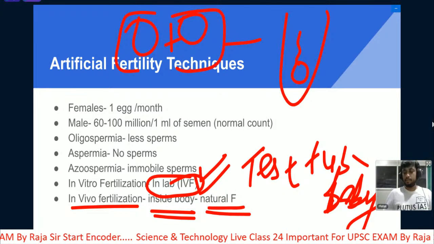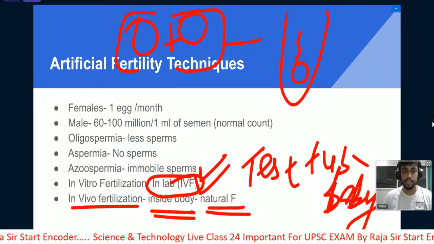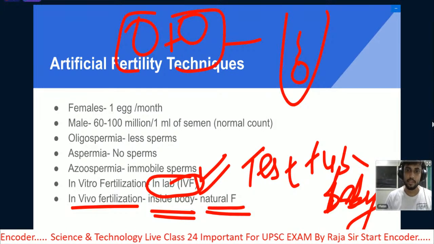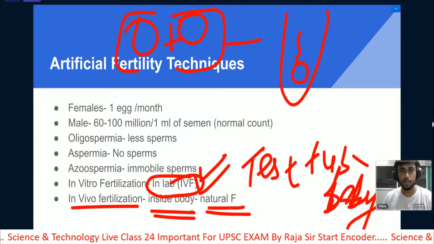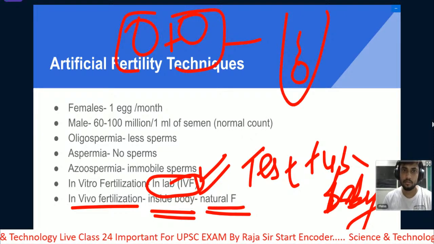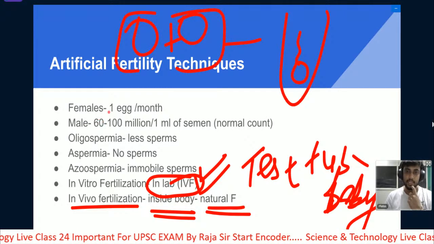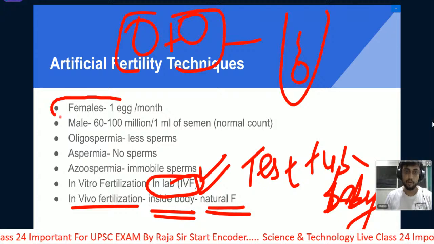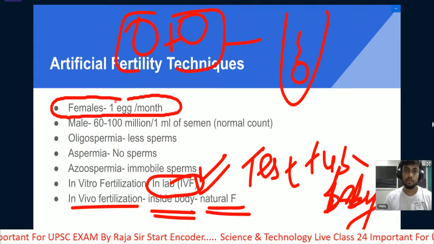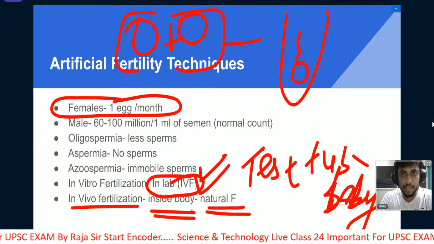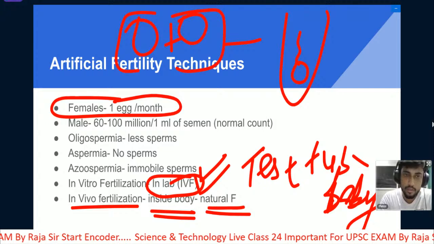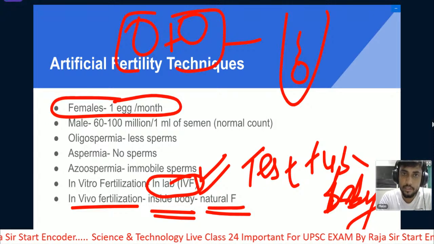See, these egg cells, sex cells, they are produced from meiosis. Okay, so only one egg cell will be there. Only one egg cell is produced per month by whatever mechanism. There is only one egg cell available for the fusion reaction, for the fertilization.